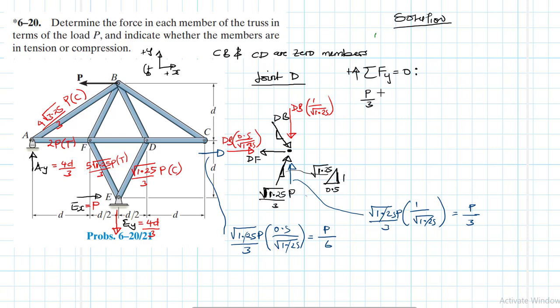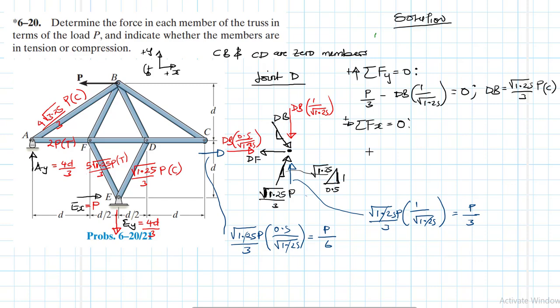What else? Minus dB 1 over root 1.25 equal to 0. Therefore, our dB will be directly equal to root of 1.25 P divided by 3. And this one is in compression, right?